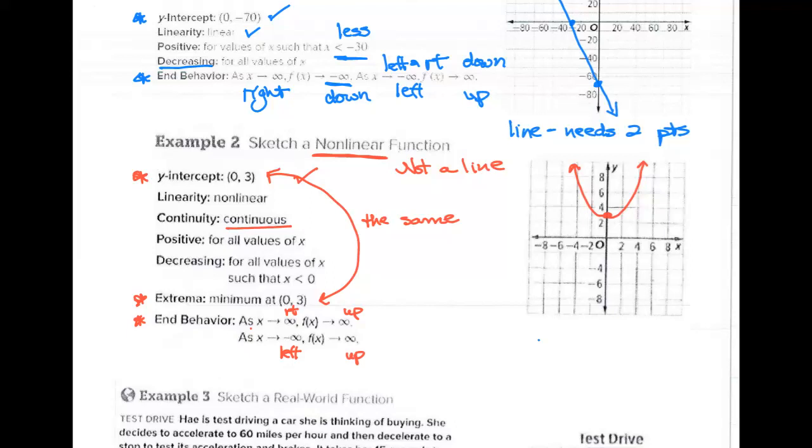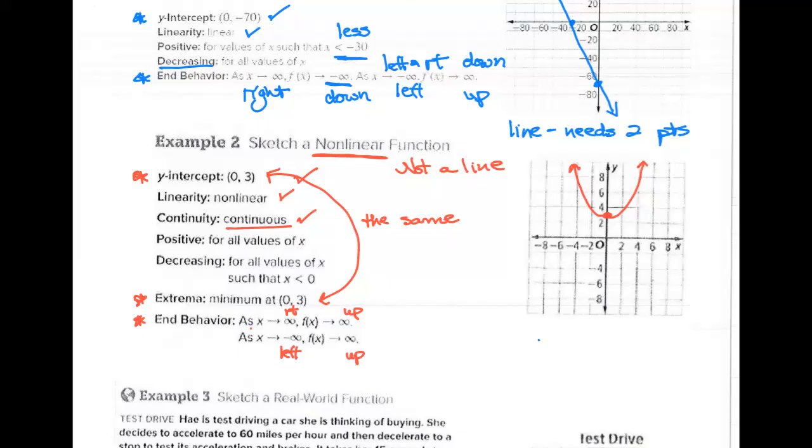Is it nonlinear? Is that a straight line? No, so it is nonlinear. Is it continuous? Does it keep going because of these arrows? Yes. Is it positive for all values of x? These are my x's. This would be an x value of 0. It's positive.